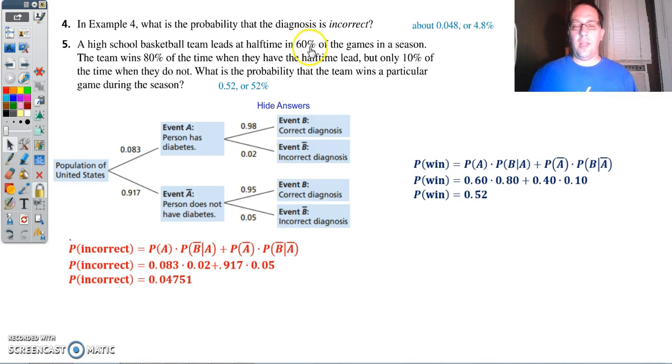And if they're ahead 60% of the time, that means they are behind 40% of the time. So that's where this comes from. So they get 10% of those 40% of games plus 80% of the 60% of the games. And you stick that in your calculator, you add it up, and you come up with the probability that they win is going to be 0.52, so 52%.